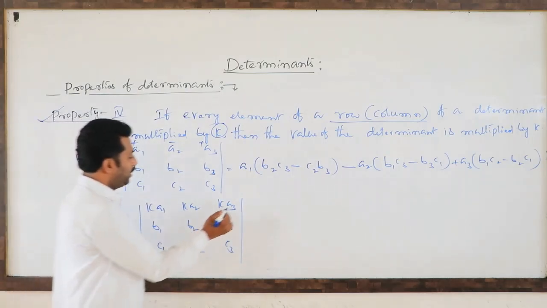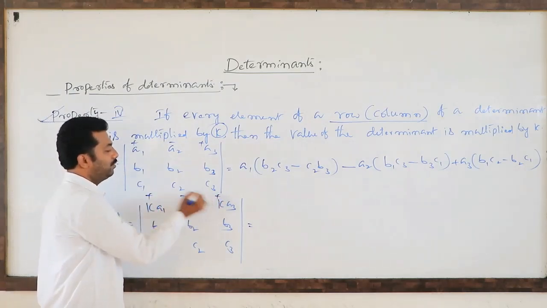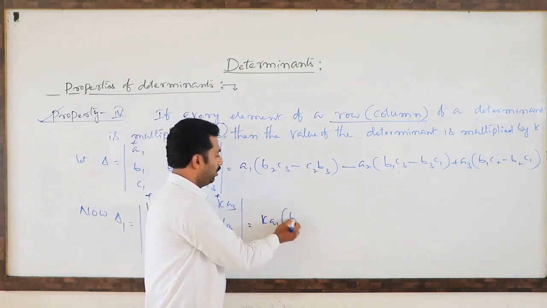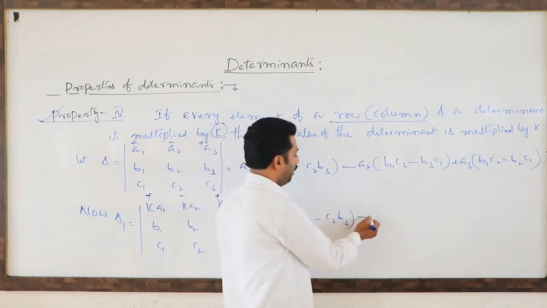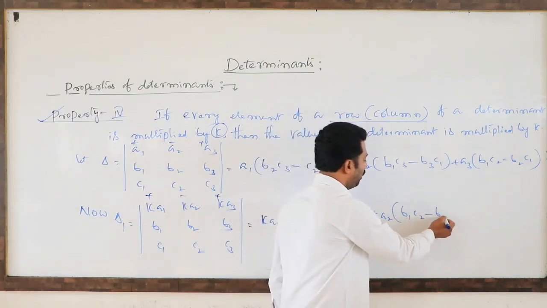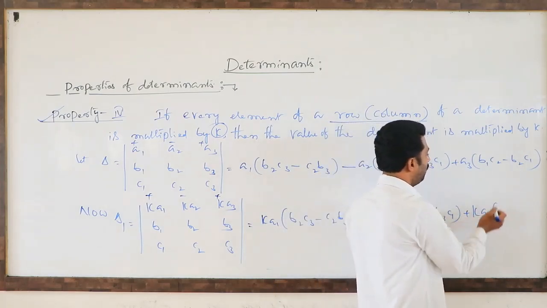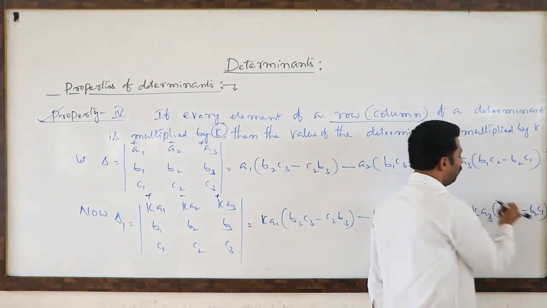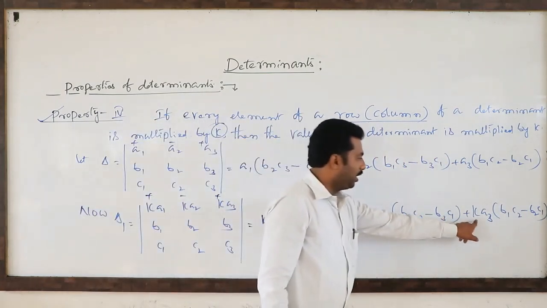See, again expanding this determinant along the first row, plus, minus, plus. You tell me: K into A1 into (B2 C3 minus C2 B3), minus K into A2 into (B1 C3 minus B3 C1), plus K into A3 into (B1 C2 minus B2 C1). You observe K here, K here.